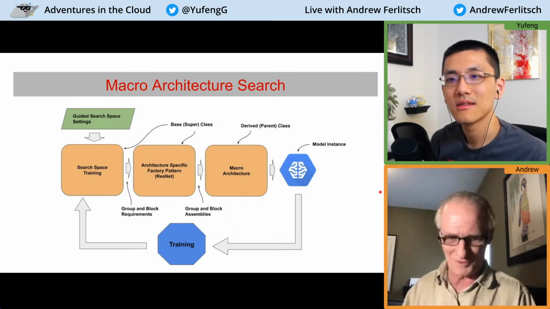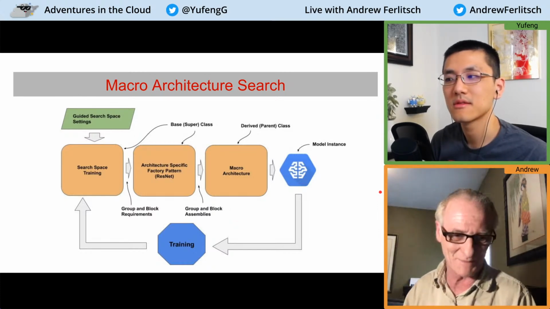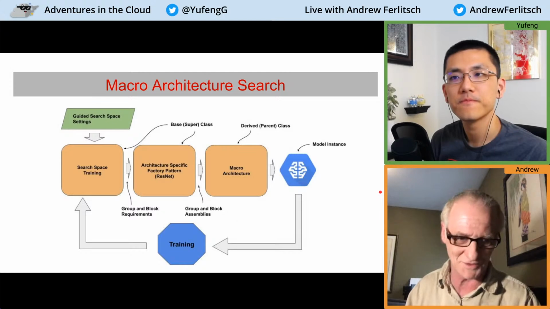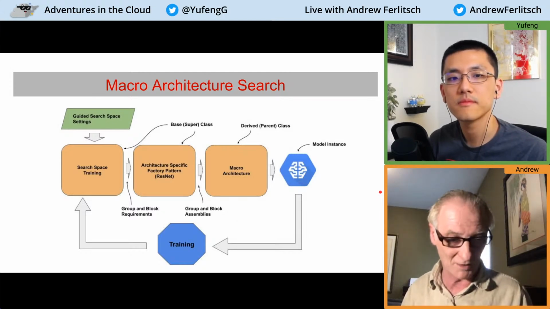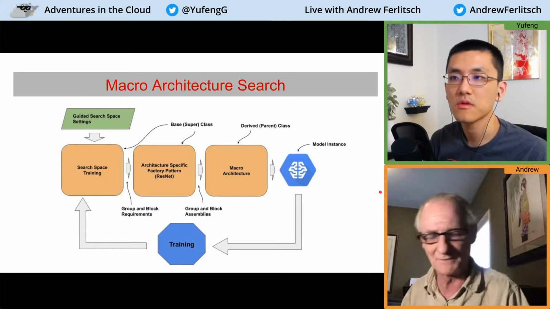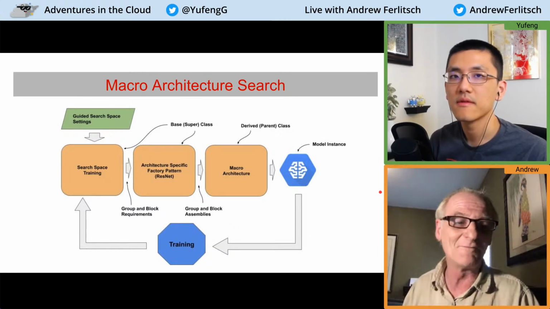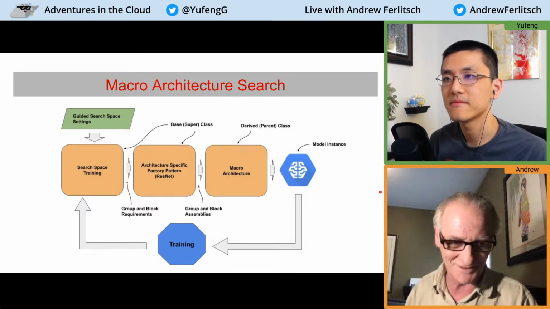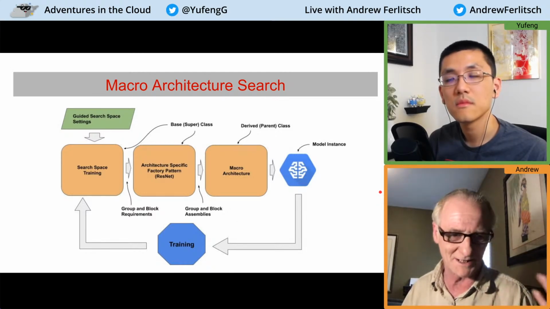There's a much lesser form of it, substantially less expensive, called macro architecture search, which is much more commonly used because it's more computationally effective for people. And as a matter of fact, MobileNet v3 was discovered using macro architecture search.